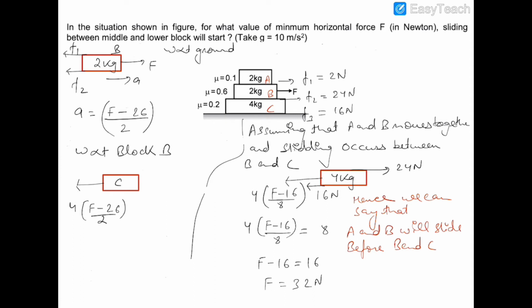And the friction acting on C from the ground will also be in backward direction, which is 16 newtons, and the friction acting on C due to block B will be in forward direction, which is 24 newtons.